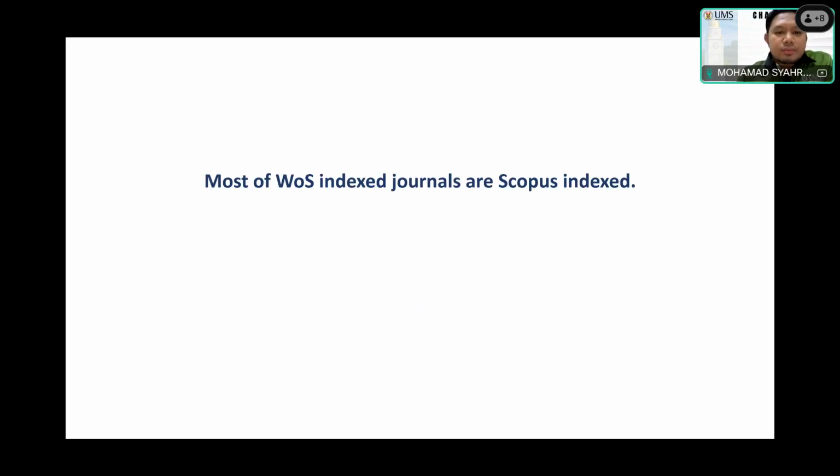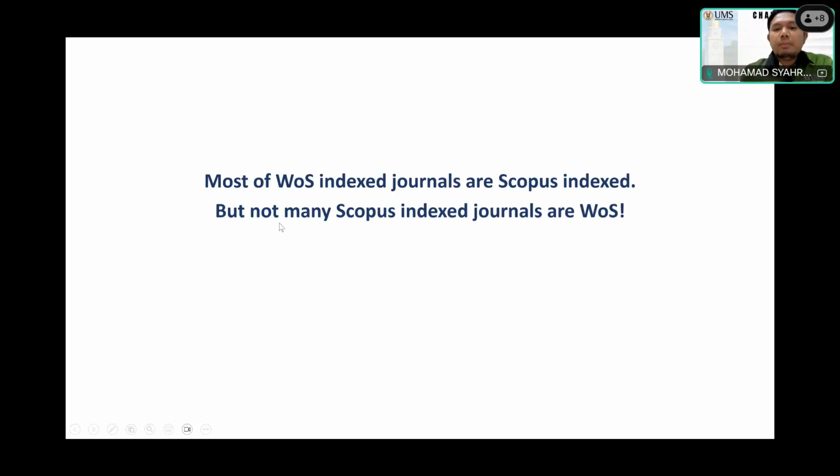Okay, bear in mind, as a rule of thumb, most Web of Science indexed journals are Scopus indexed. It's the top, the prestigious one. But not many Scopus indexed journals are Web of Science. Bear in mind. So, what we can say here: please check both.